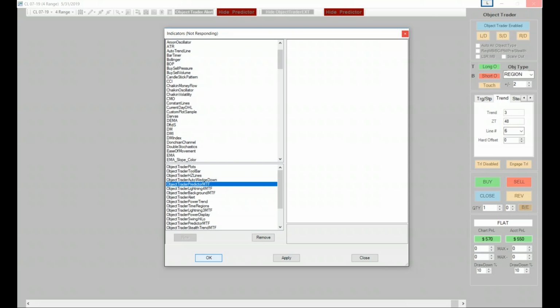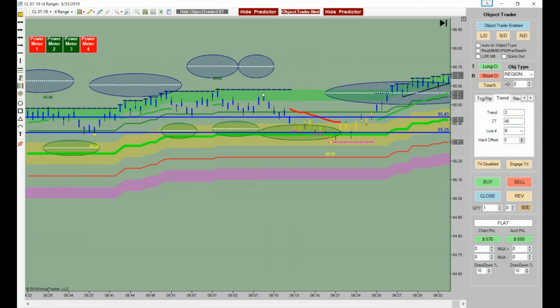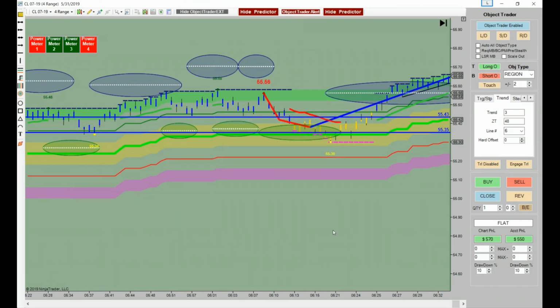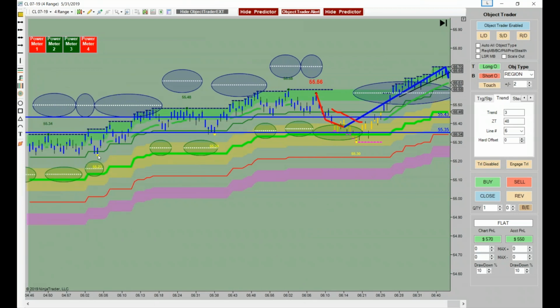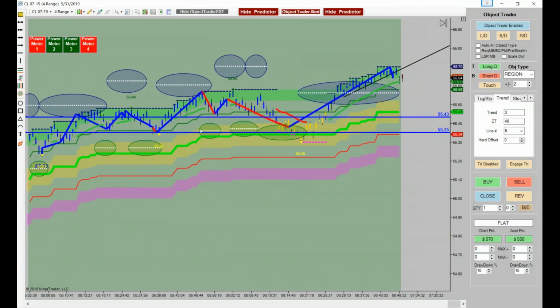Let's see what it does. All right, lightning 1 is Alt key. No, that didn't do it, did it? Let me draw it from over here. Maybe it did. Let's just see. Yeah, no, that's just pretty much the same lightning. It's just really swing breaks, isn't it? That's all it is.